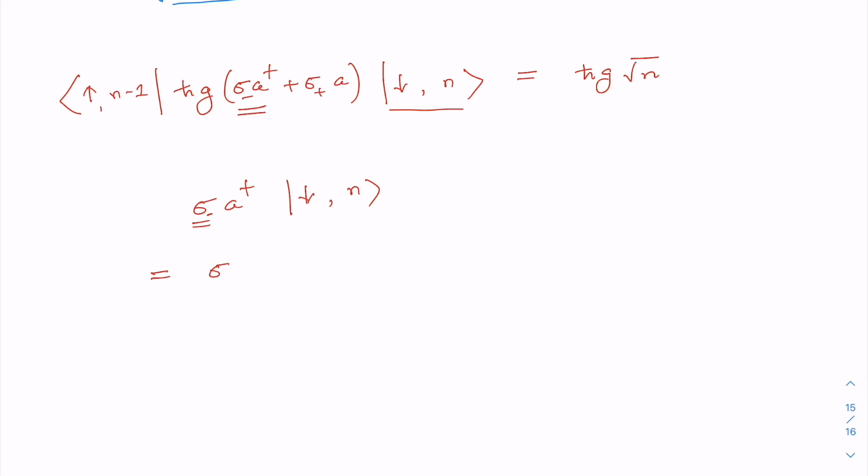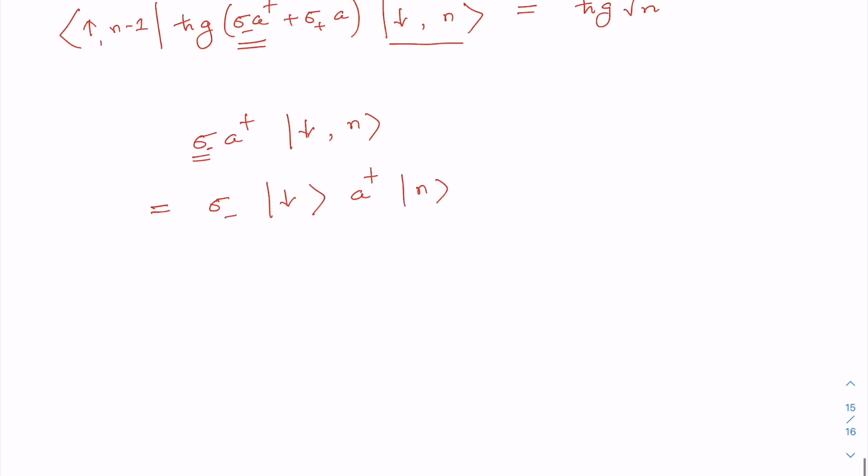The atomic lowering operator would act on this atomic state, and a dagger is going to act on this photon state, the field state, and we know that this gives square root of n plus 1 times the n plus 1 ket. Now this is the atomic lowering operator acting on the ground state, so it cannot lower it further, therefore this is going to give us 0. So overall we are going to get 0 because of this.